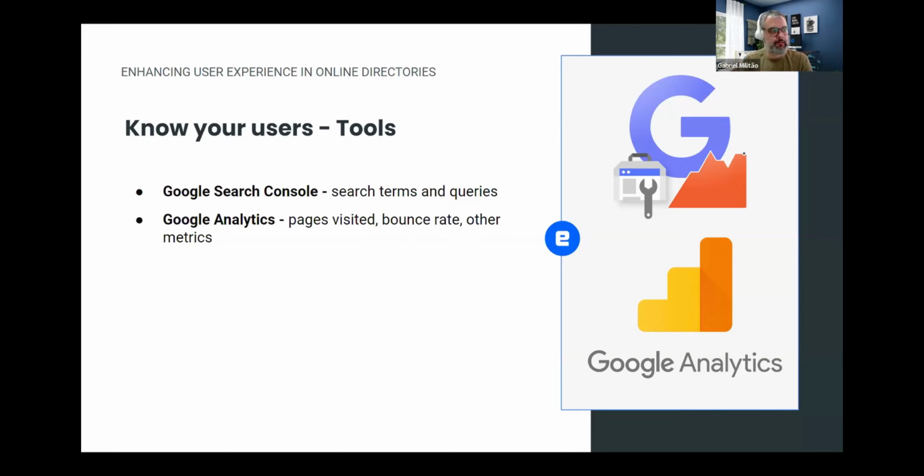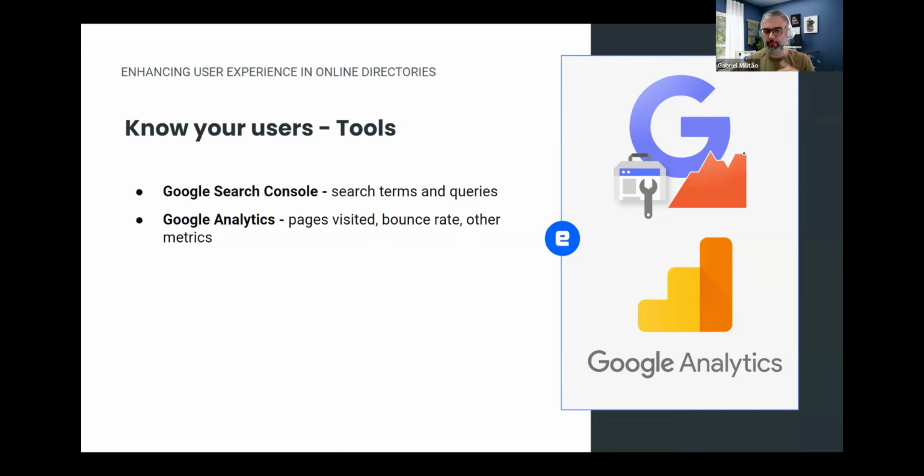And the other tool that works together with Search Console would be the Google Analytics. The tool tells you how users are interacting with your website, what pages they visit, how long they stay, and crucially, the bounce rate, which tells you, if someone lands on some pages of your website, how much time they spend there before they leave.